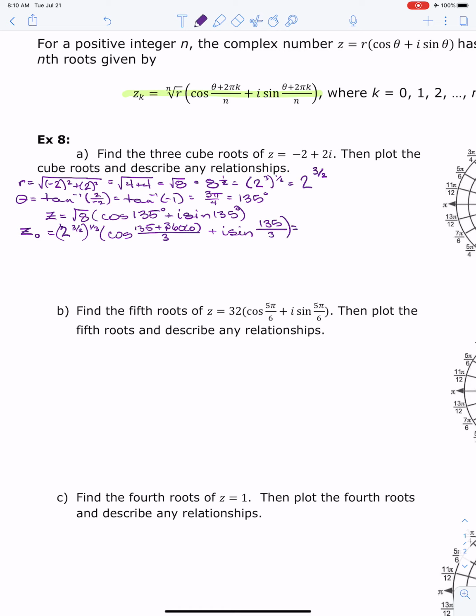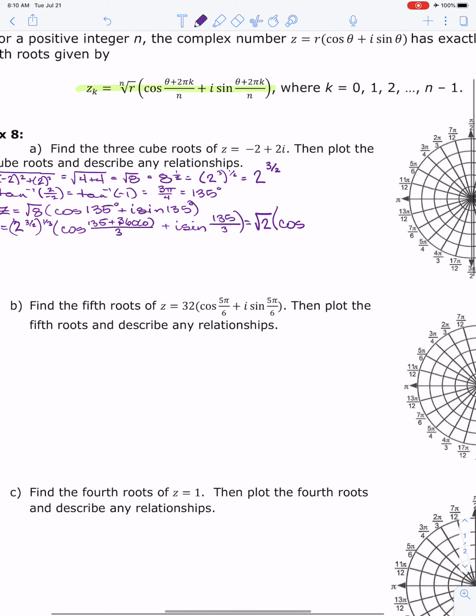Okay, and so I get 2 to the 3/2 to the 1/3 is 2 to the 1/2, so square root of 2, times cosine 135 divided by 3 is 45, plus i sine 45. These angles are always going to be the same.